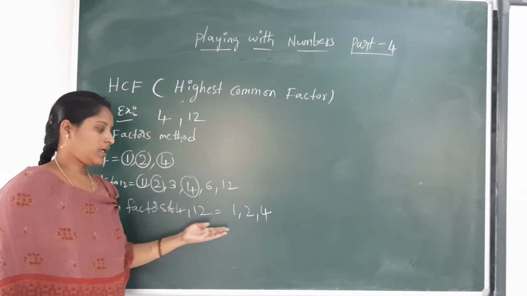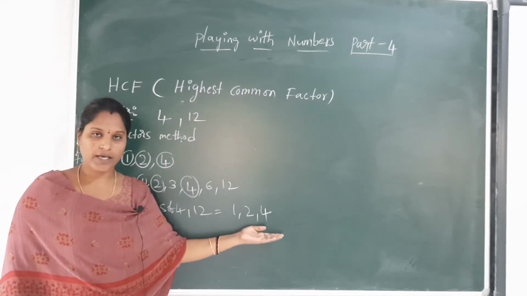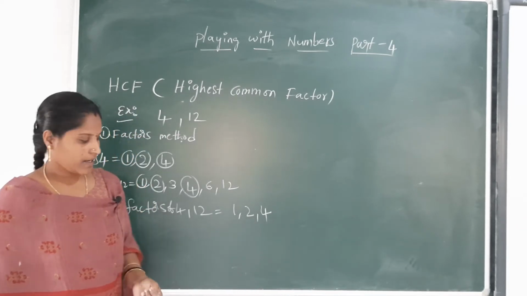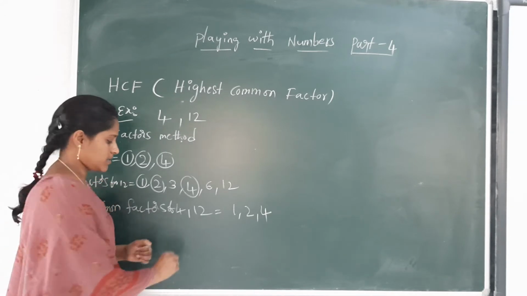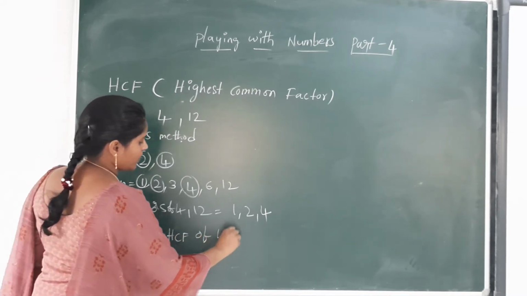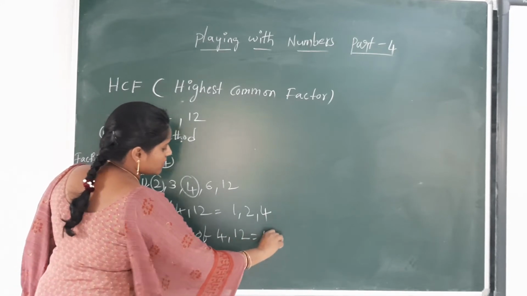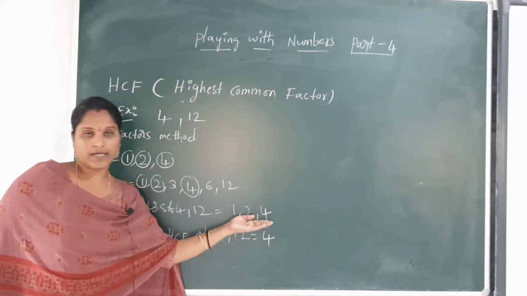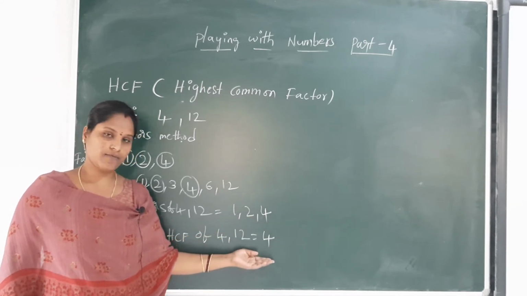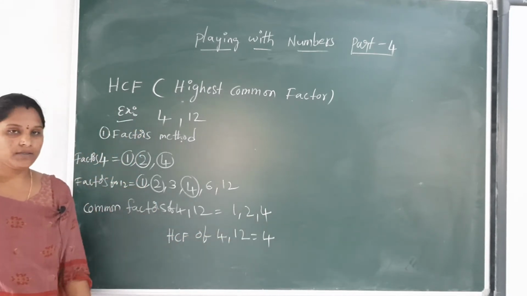From these 3, 4 is the highest one. So 4 is the HCF of 4 and 12.